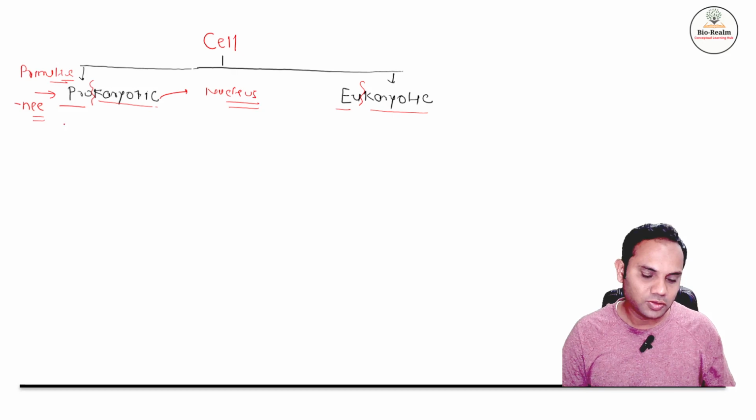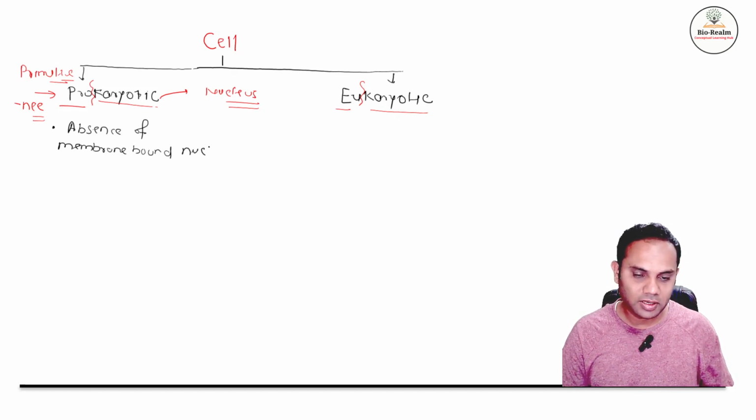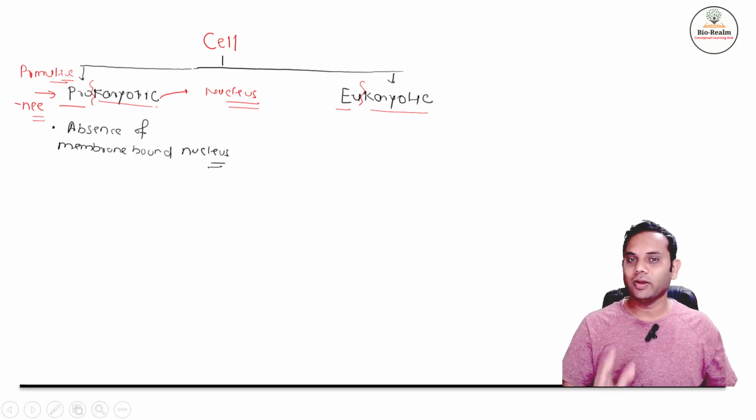Okay, so in your NCERT book it is given like this: the cells which are characterized by absence of membrane bound nucleus are called prokaryotic cells.